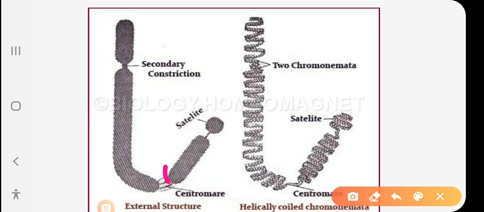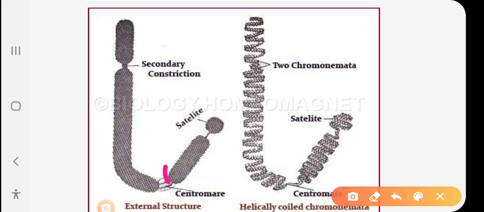The DNA, the genetic information in the secondary constriction, codes for ribosomal RNA. The DNA molecule present in the secondary constriction has some ribosomal RNA coding genes. So this part can code for rRNA.